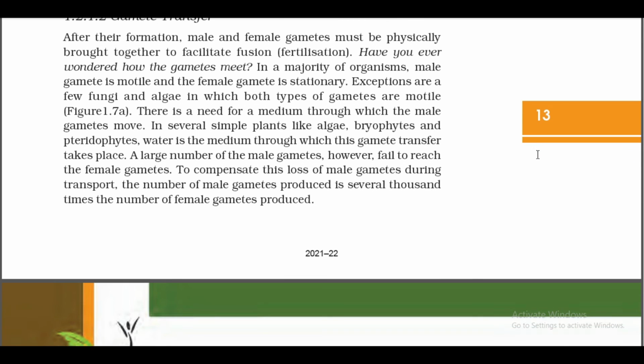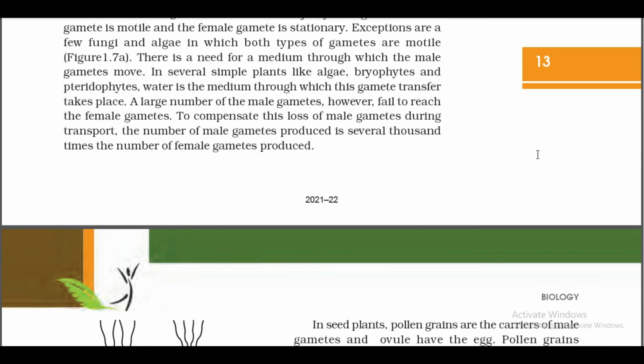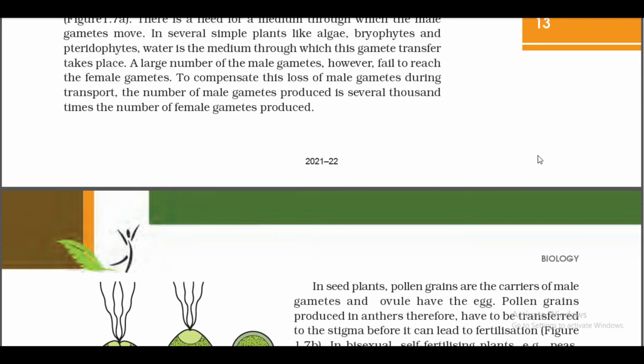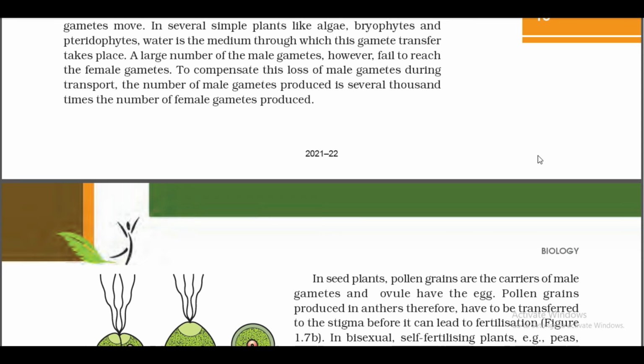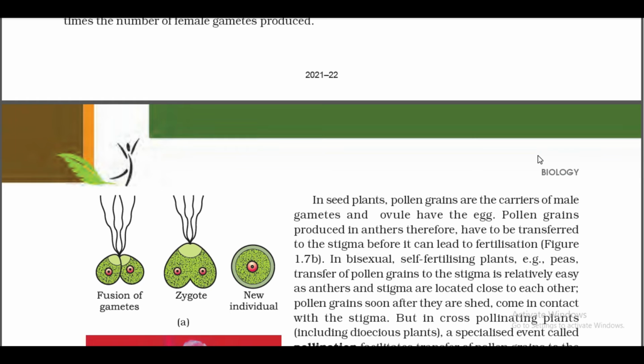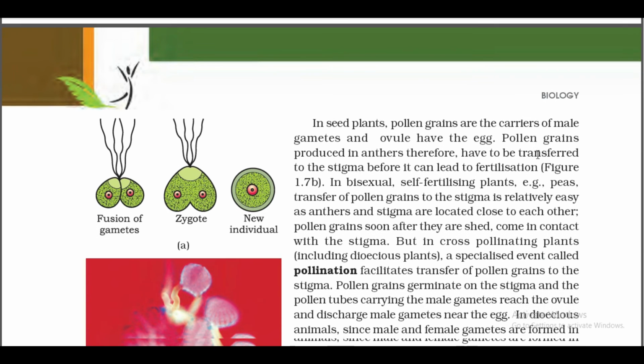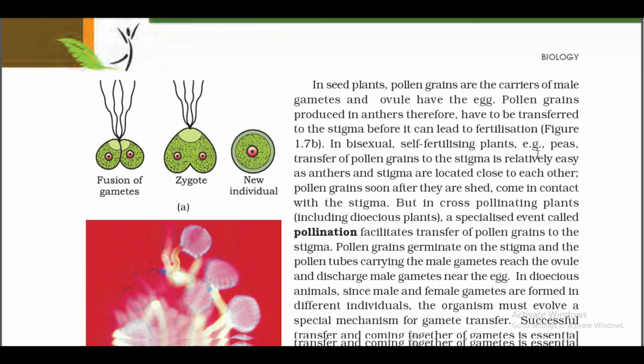A large number of the male gametes, however, fail to reach the female gametes. To compensate for this loss of male gametes during transport, the number of male gametes produced is several thousand times the number of female gametes produced. In seed plants, pollen grains are the carriers of male gametes and the ovule has the egg.